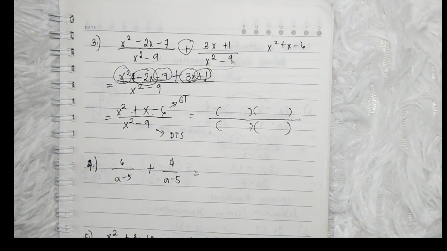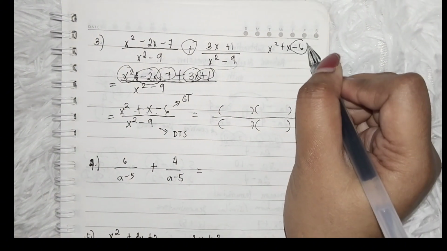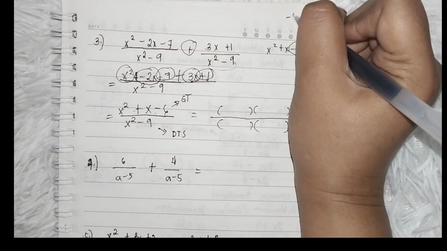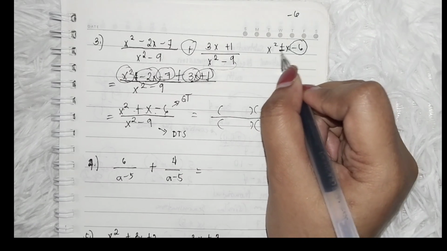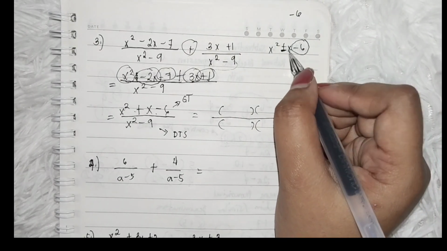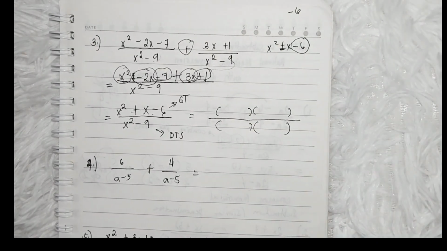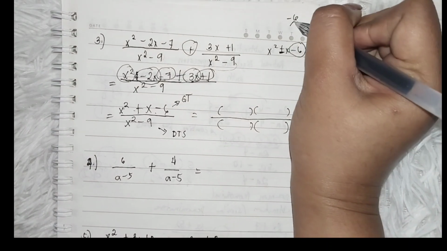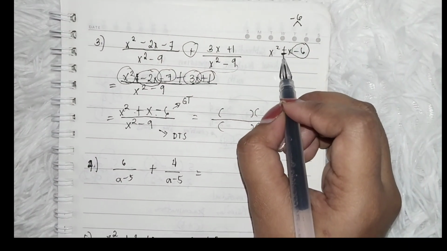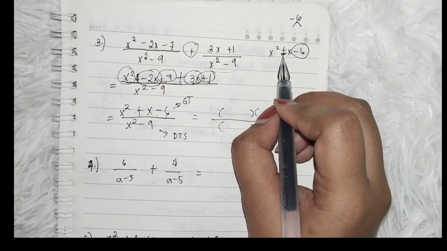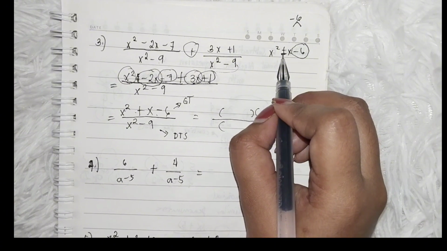So, para ma-factor nyo yan, kuhain nyo lang yung factors ng negative 6. Considering na positive po etong gitna, kailangan kasi positive 1 ang makuha natin na sum ng dalawang number na factor ng negative 6. So, lagay muna natin yung factors ng negative 6. Considering positive po ito, dapat yung pinakamalaking factor yung ating positive.